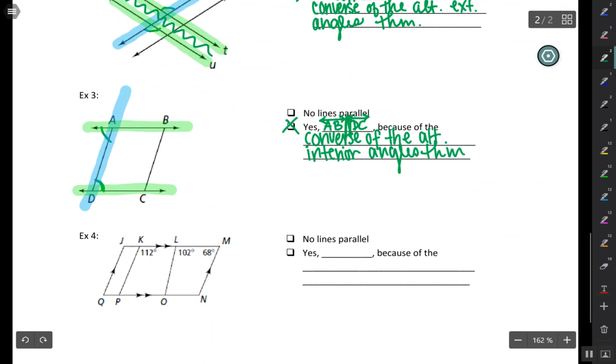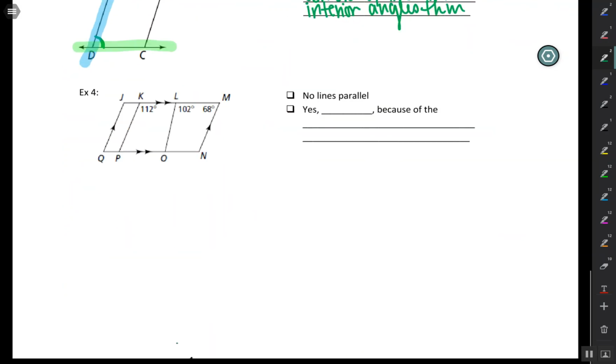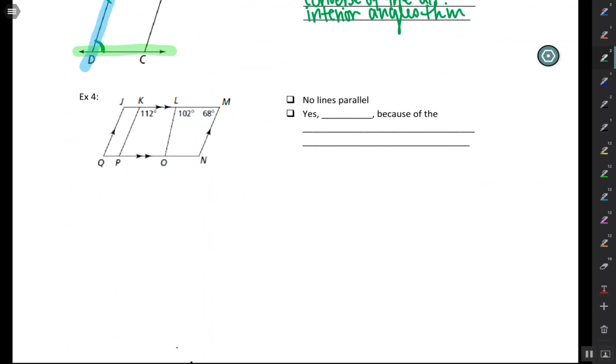All right, example 4. There's a lot going on here. Remember, you just kind of want to focus on the angles that you can see. Now, there are some markings on here that show some things are parallel, like that and that, but I'm just going to assume that those are given. We're not going to use those. But let's take a look at these angles that were given here.